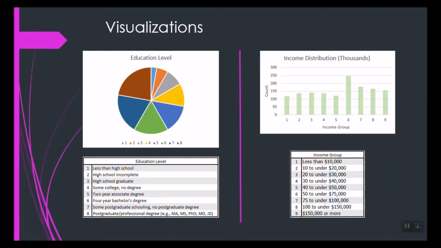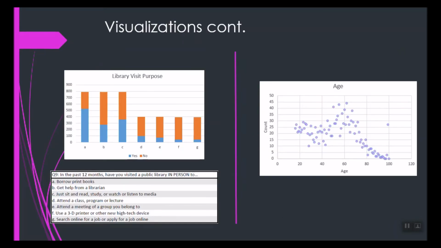So on here, I went ahead and created visualizations for education level and income distribution, just to have both views of this data. And then we have here library visit purpose with the legend below so that you can tell which bar belongs to which question, and the distribution of yes and no answers among all the participants in those that participated in those questions.